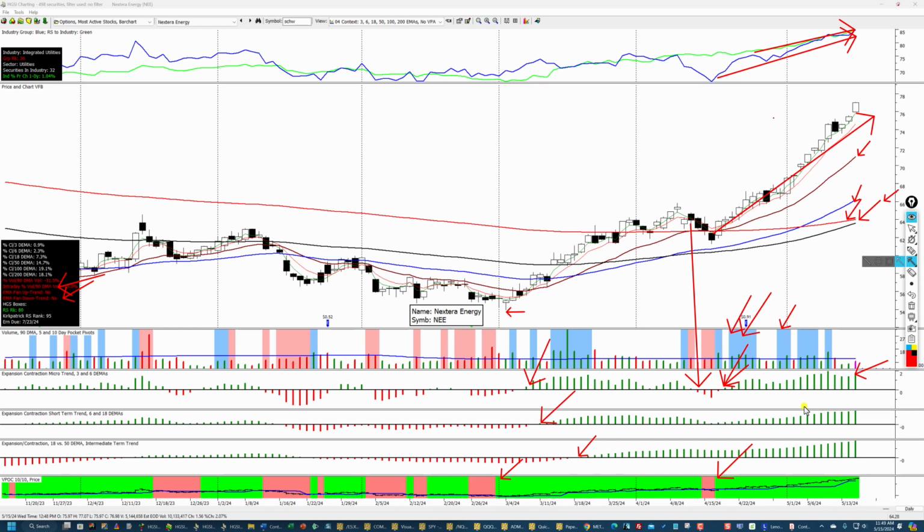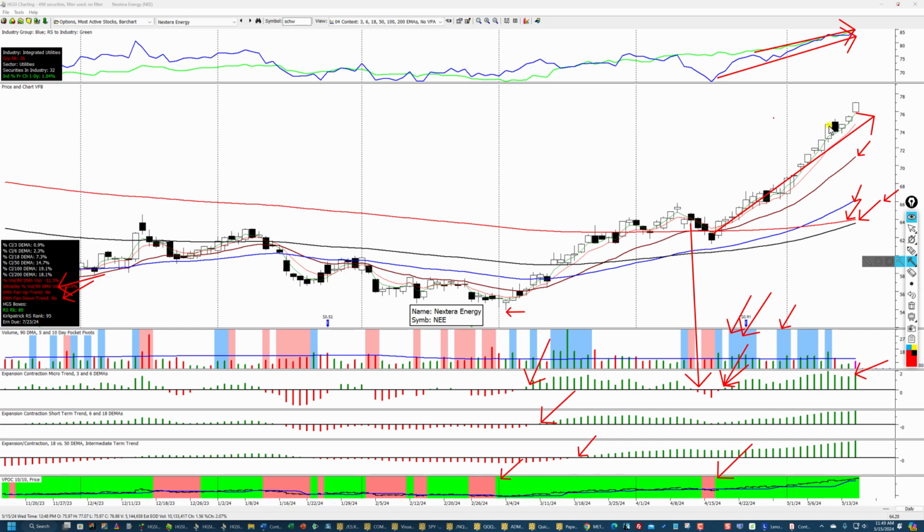I find it very helpful to be able to look at these histograms here rather than looking at an MACD, which just shows the crossovers and you have to change them every time. This is much more useful because you can also see the momentum as these get higher on the 3-6.